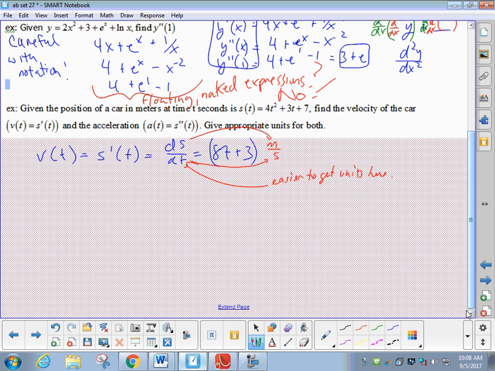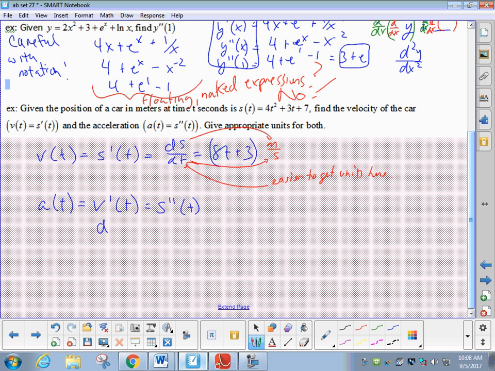What about then the acceleration, which is the change in the velocity? So on one level, I could think of that as the first derivative of velocity. But I could also say it's the second derivative of position, acceleration.